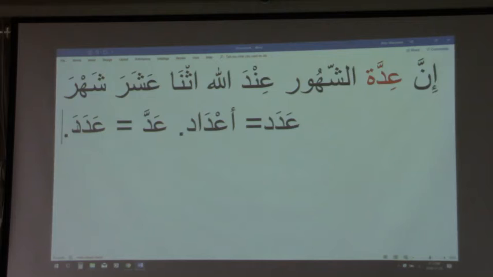Why did Sharia make it 4 months and 10 days? Can I tell you why? Very simple. The hadith says that Allah sent an angel to blow the ruh before you are born. When? After three 40s. The first 40, second 40, and third 40, correct? 40 times 3 is 120, which is 4 months.